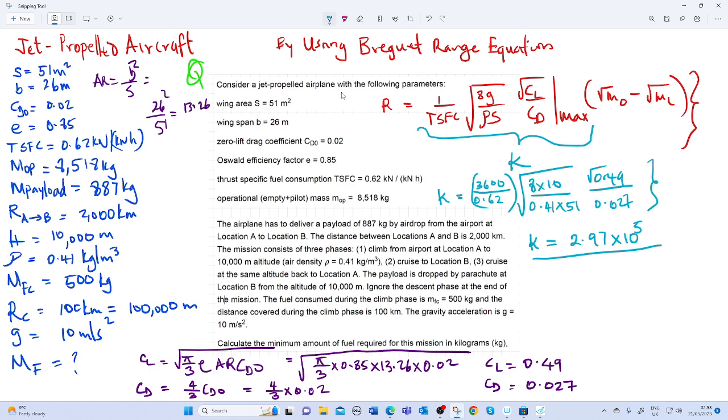Now that we have found the K constant, the next thing is to find the masses to apply.